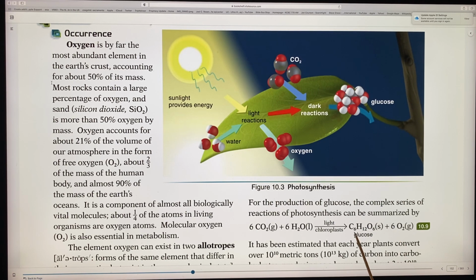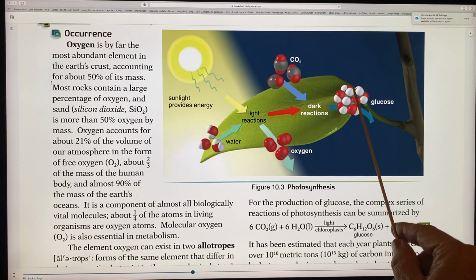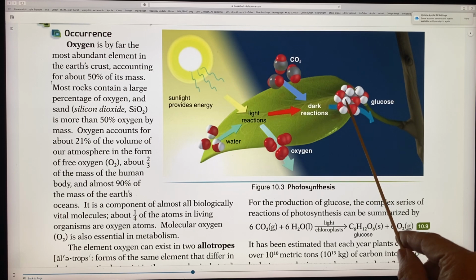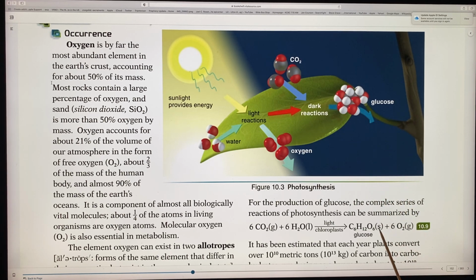Glucose here has 6 carbons, 12 hydrogens, and 6 oxygens, C6H12O6. So this is what glucose is right here. 6 here, you can count them: 1, 2, 3, 4, 5, 6. Right here, glucose. And then 6 of oxygen. The reason you need 6 is because the glucose requires 6 of each of these to produce the molecule of glucose. Okay. So photosynthesis, very important.